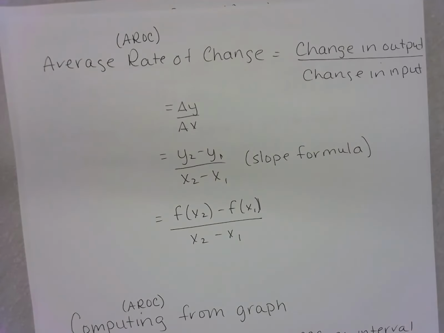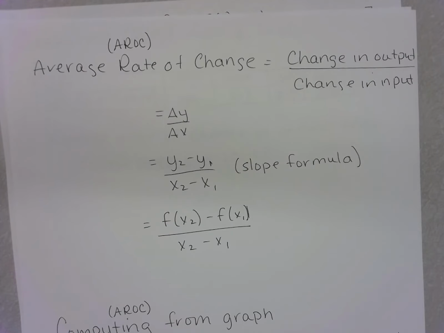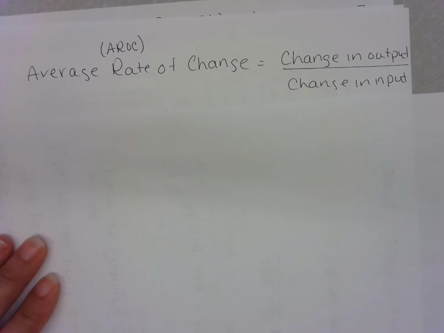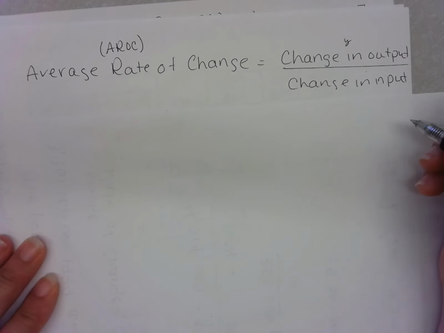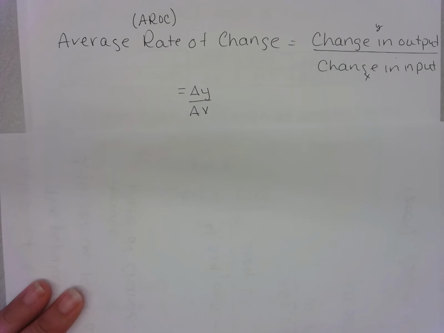So here are some different ways to represent it. Our average rate of change is the change in output over the change in input. Usually our change in output is y, and our change in input is x. And so we sometimes call it delta y over delta x.